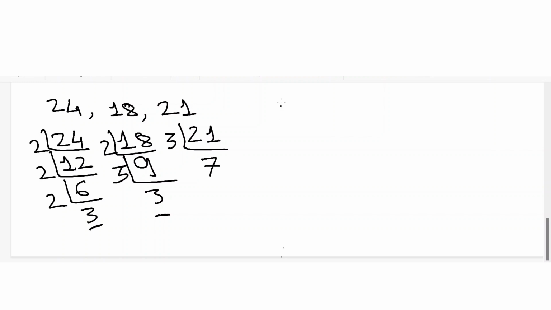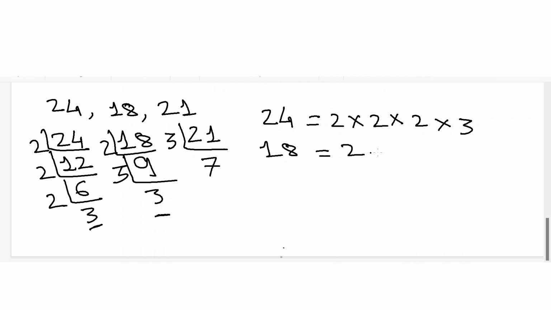Now, if we write down the numbers logically, we have 24, which is 2 times 2 times 2 times 3. We have 18, which is 2 times 3 times 3. We have got 21, which is 3 times 7.